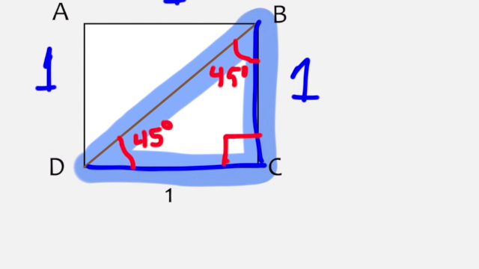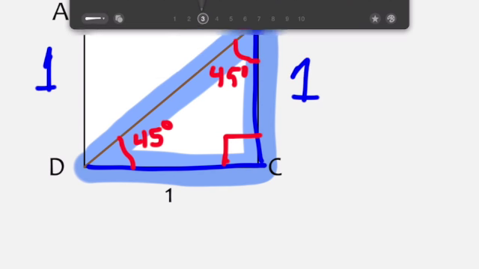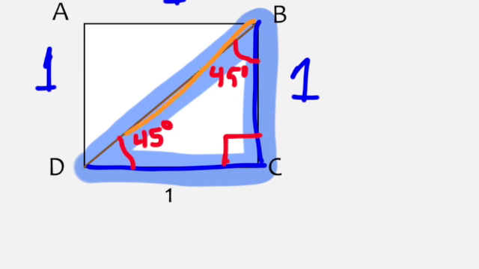Now let's go ahead and find the measurement of the hypotenuse here. Well, we can use the Pythagorean theorem in order to figure that out, right? We can do 1 squared plus 1 squared equals whatever that measurement is squared.